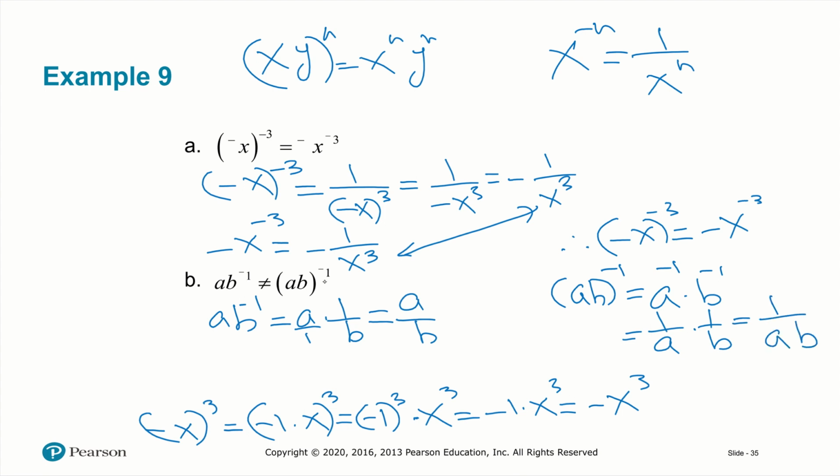And of course, we can see that they're different. This one came out to be a over b. This one turned out to be 1 over ab. So at this point, we say, therefore, ab to the negative 1 does not equal quantity ab to the negative 1. Okay, nicely done.